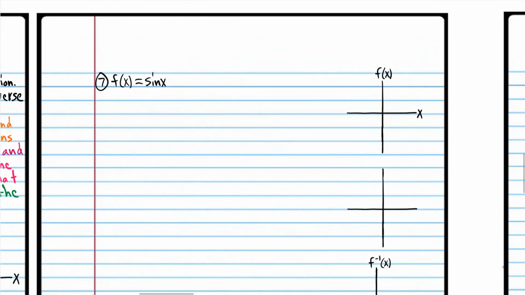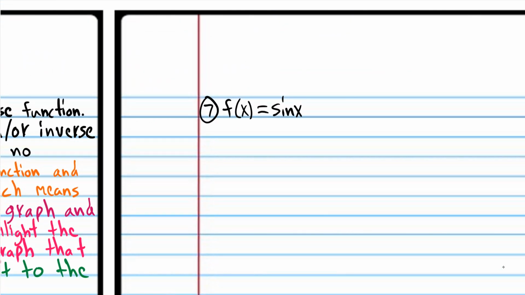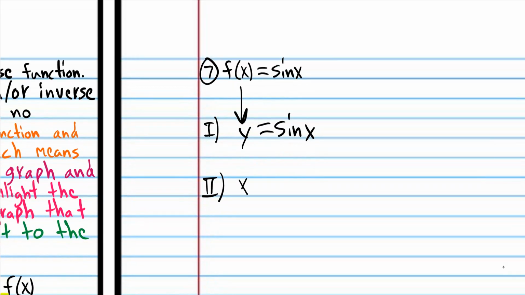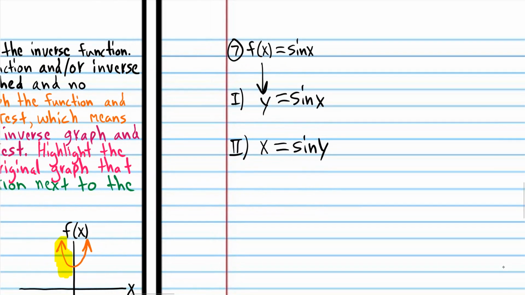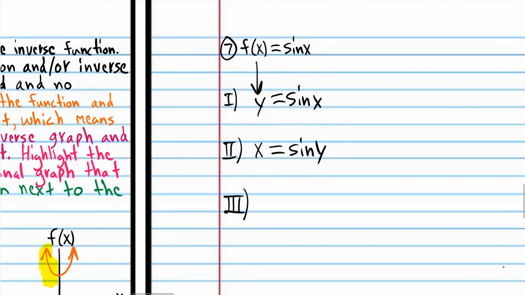Okay, we're back. So if we're going to find the inverse function, step 1 is to change f of x to y. Step 2 is to switch the y value to x and the x value to y. Step 3 is to solve for y. Now, if we're trying to look for the angle in a trigonometric function, we use special notation for that angle.